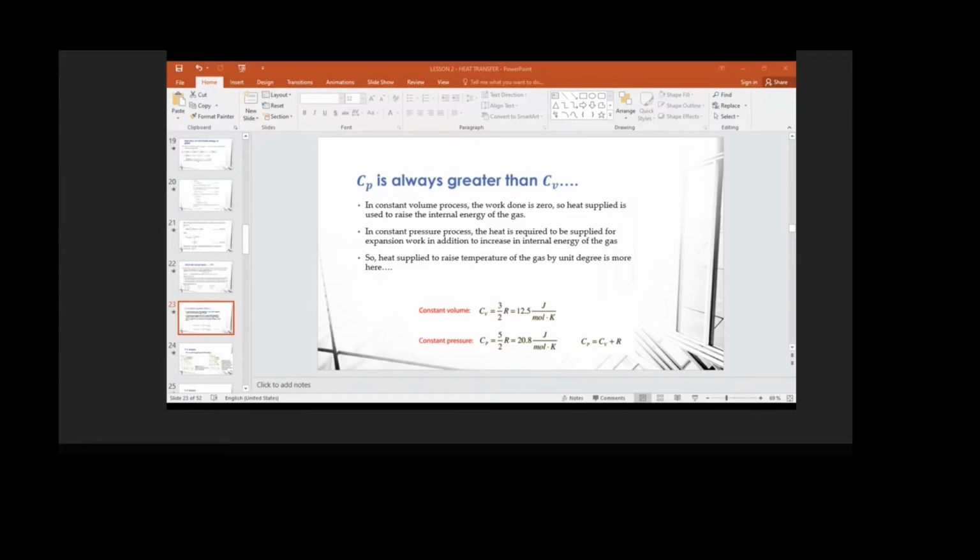Sir, is it because the coefficient of R in the constant pressure is greater than the coefficient of R in the constant volume? All right, so why do you think the coefficient is different? Nobody?